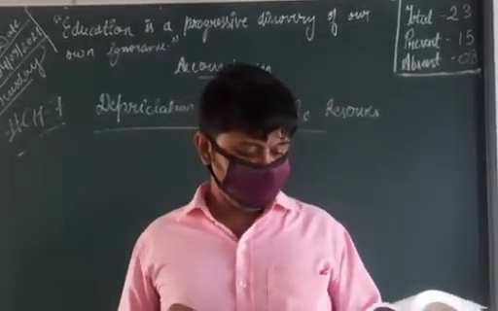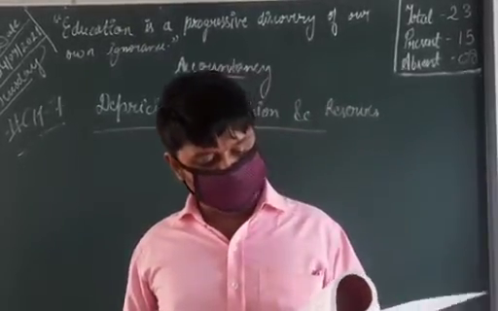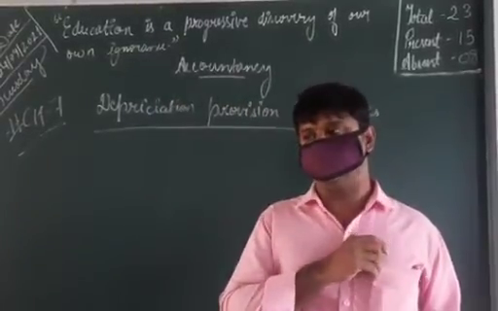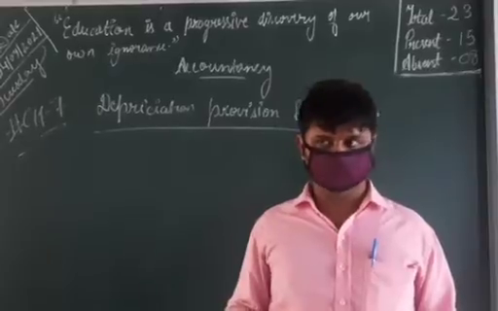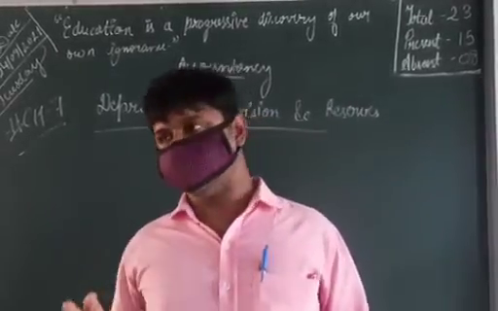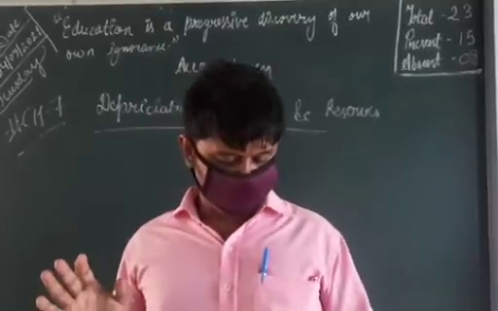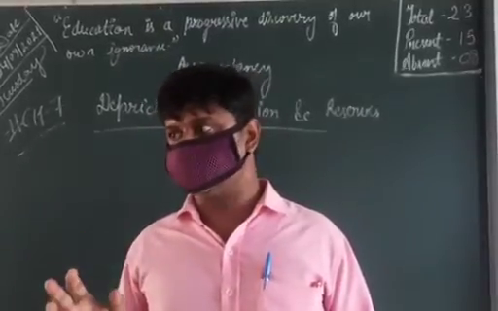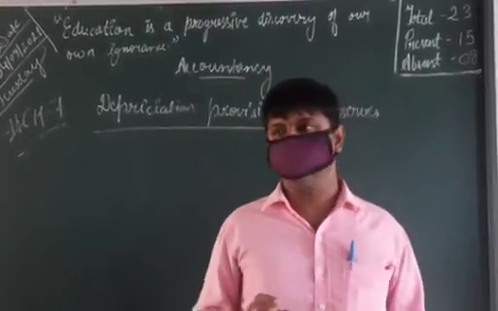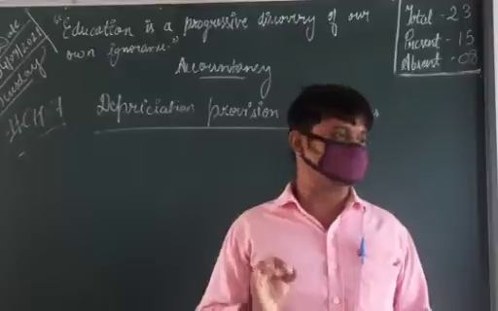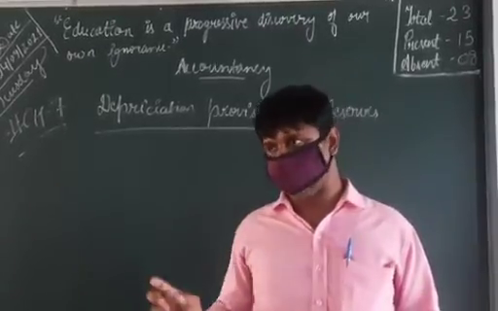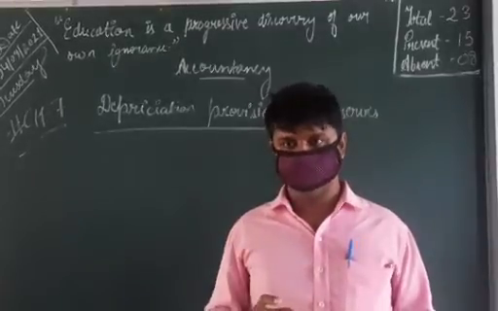And the rate of depreciation is 10%. 10% depreciation is charged to the asset. Clear now? And we are also asked to maintain a machine account, depreciation account, and provision for depreciation account. Clear now? These 3 accounts, that means ledger accounts, we need to show. Also one year's journal entry, that is the first year.